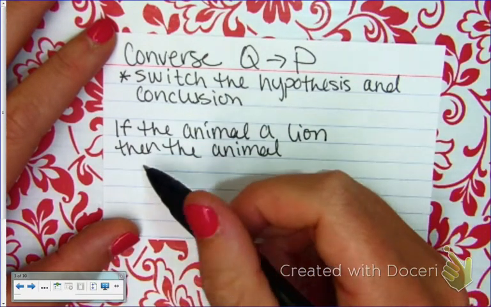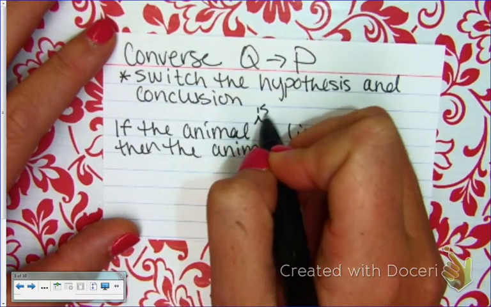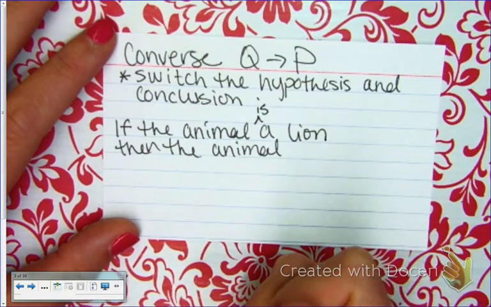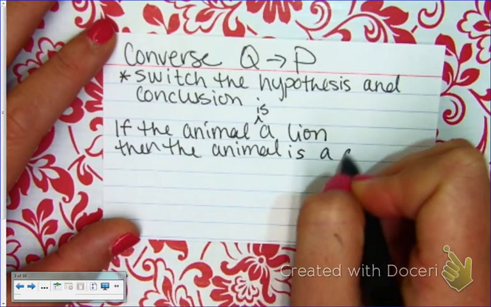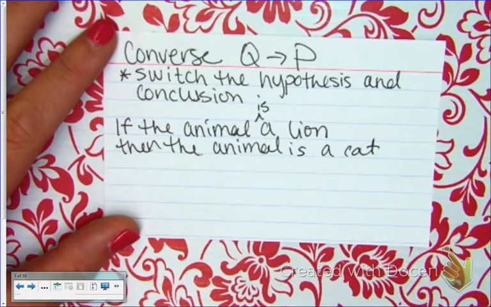Sorry. So if the animal is a lion, thank you. Appreciate you. My math teachers, yeah. Then the animal is a cat. Sorry, guys. Struggle. All right, struggle is real.